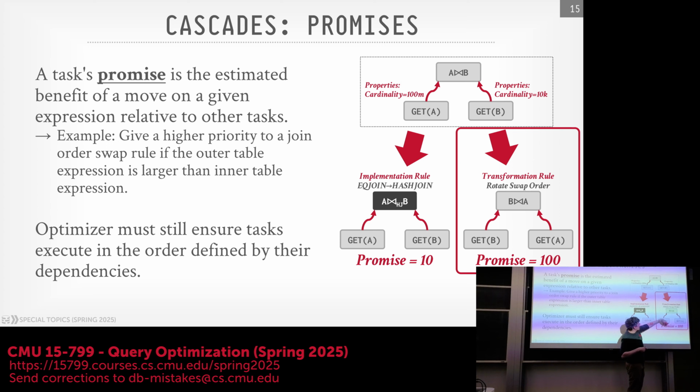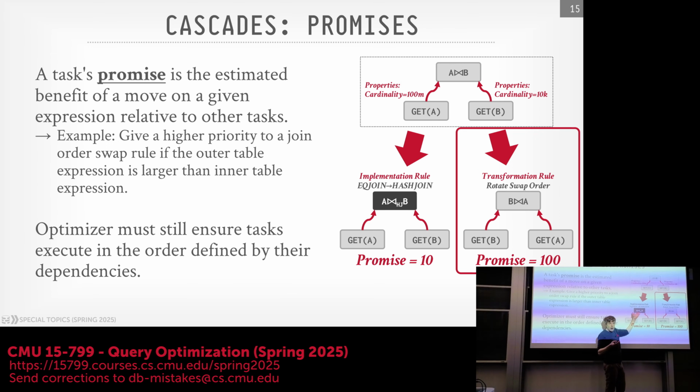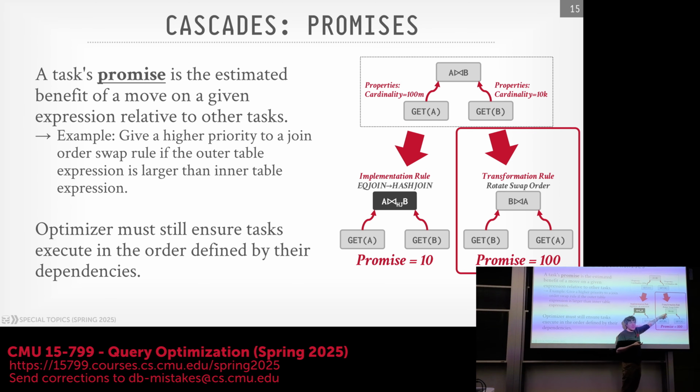Then if I come back and apply this rule to convert the logical operator A join B into a physical operator, I would get a potential cost estimate of what the rest of the query plan is going to look like below me. But I would see that I've already figured out the cost of the physical join of B join A, and that's going to be less than anything I'm ever going to do on this side here. So I don't need to explore anything else below me.